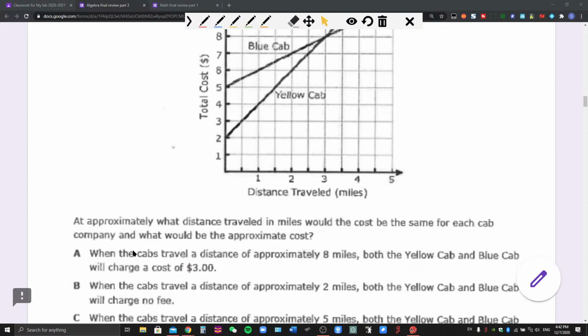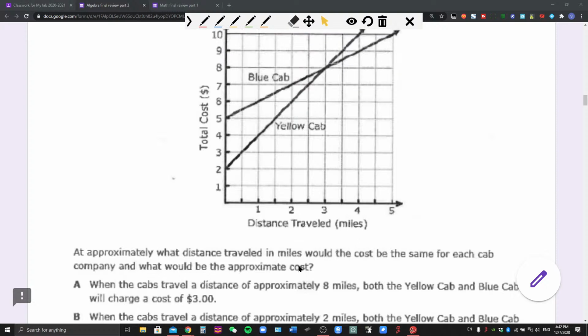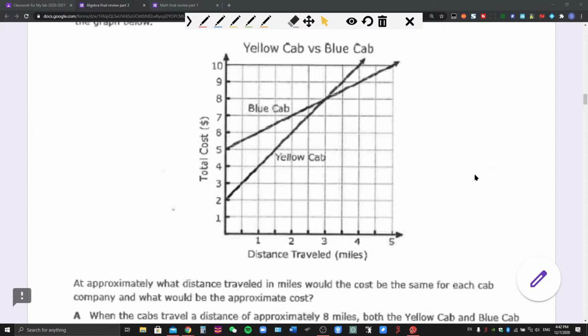At approximately what distance traveled in miles would the cost be the same for each cab company, and what would be the approximate cost? Before we jump into the options, let's read the question again. At approximately what distance traveled? That will be distance traveled, that's x.